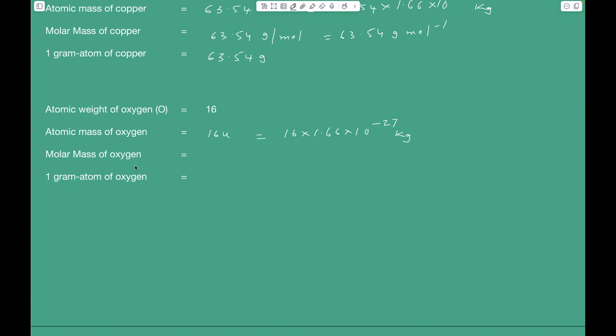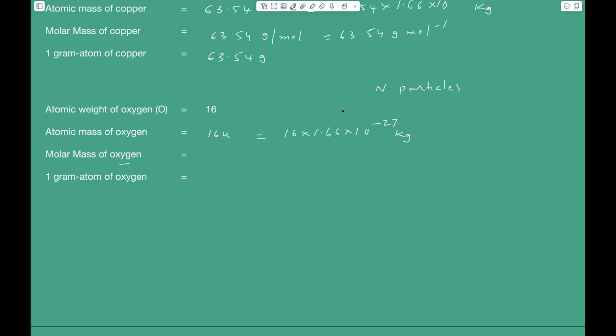Then what is the molar mass of oxygen? And this is a bit tricky, because molar mass is the mass per 1 mole of the substance, and 1 mole of any substance contains an Avogadro's number of particles.